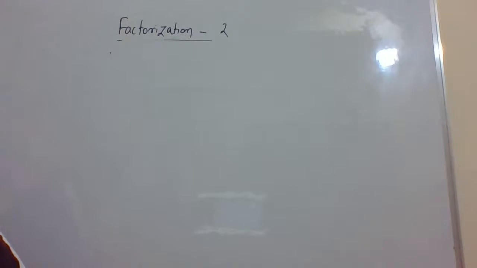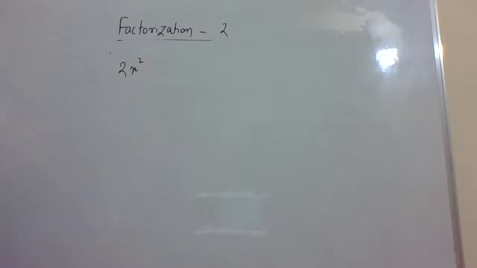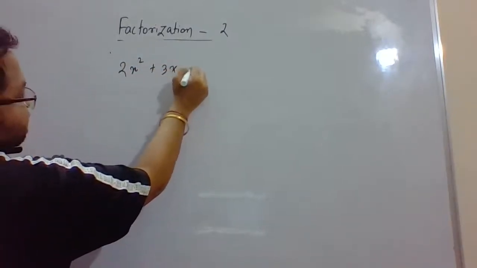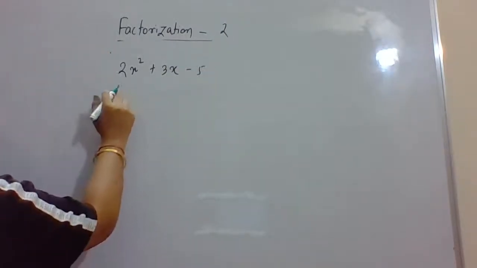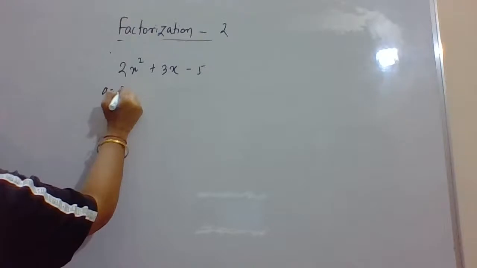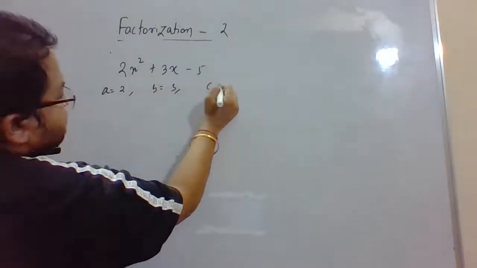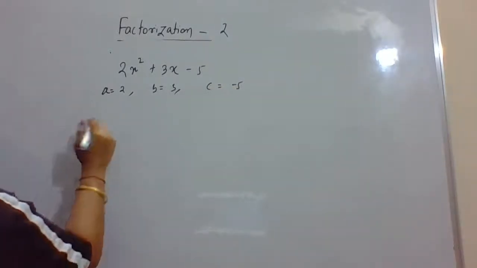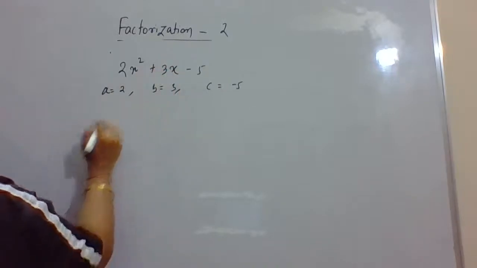So this is 2x squared plus 3x minus 5. Here also, a equals 2, b equals 3, and c equals minus 5, right? We want to split the middle term into m plus n.